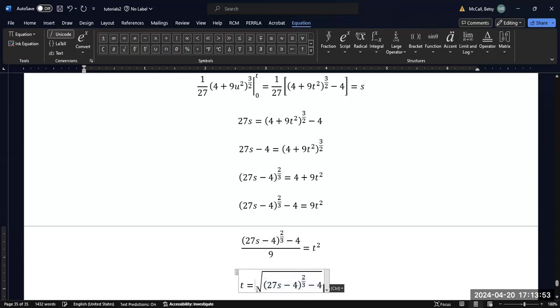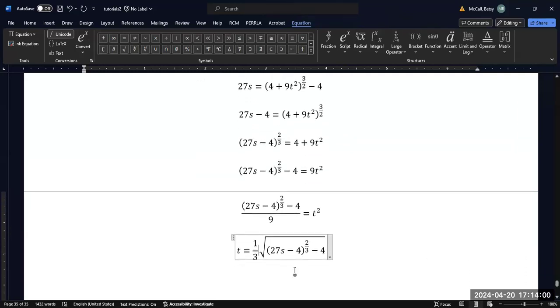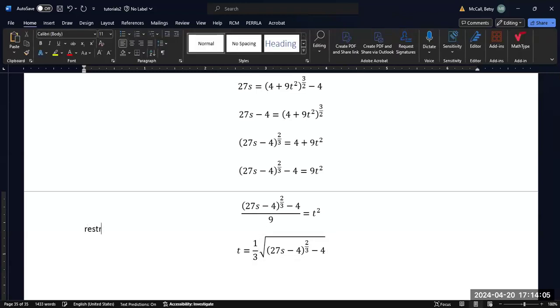And then the 1/9 I can write as the square root of 9 is 3. So 1/3 out front. And technically this is a plus and minus. So I'm going to restrict the domain to t positive. Although I could do the other side, I could do t negative instead, but I'm going to have to pick the portion of the graph that I'm going to account for with this substitution.